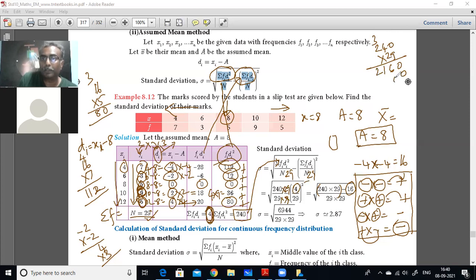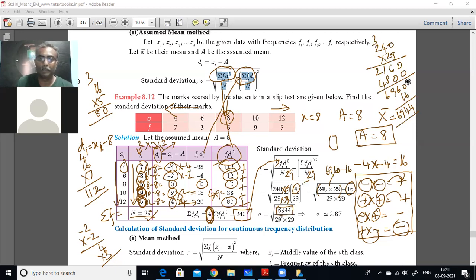Then 2 zeros are 0, 2 fours are 8, 2 twos are 4, so this is 48. The total is 6960, and 6960 minus 16 is how much? 6944. You know how you got your number 6944. Yes, sir.